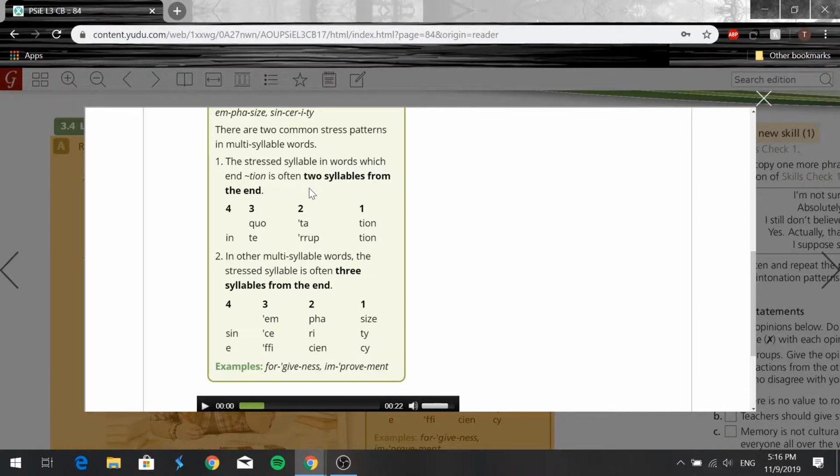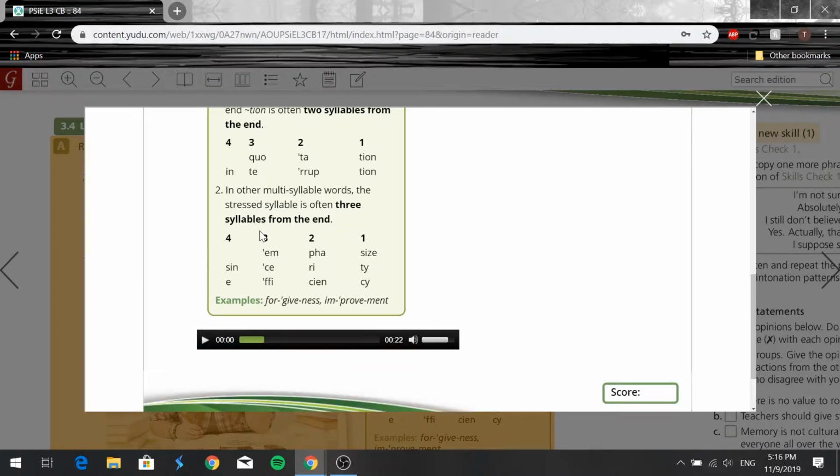So if a word ends in tion, the stressed syllable is often 2 syllables from the end, while if it's just a normal multi-syllable word, the stressed syllable is often 3 syllables from the end.